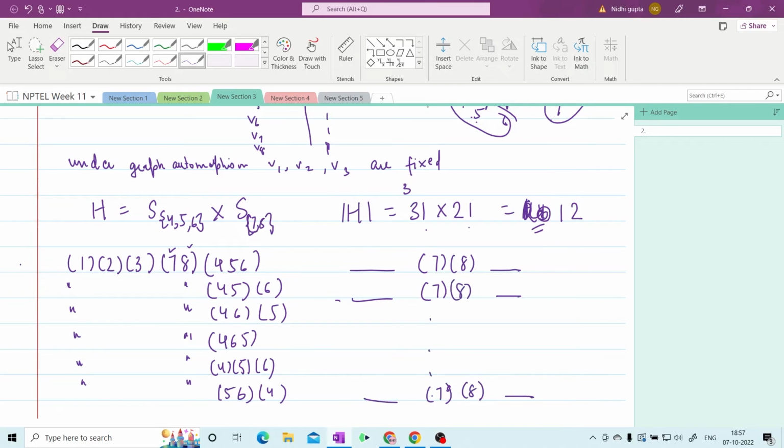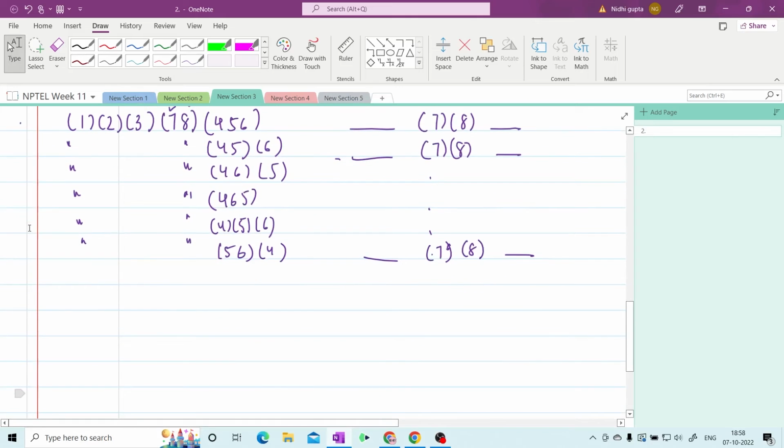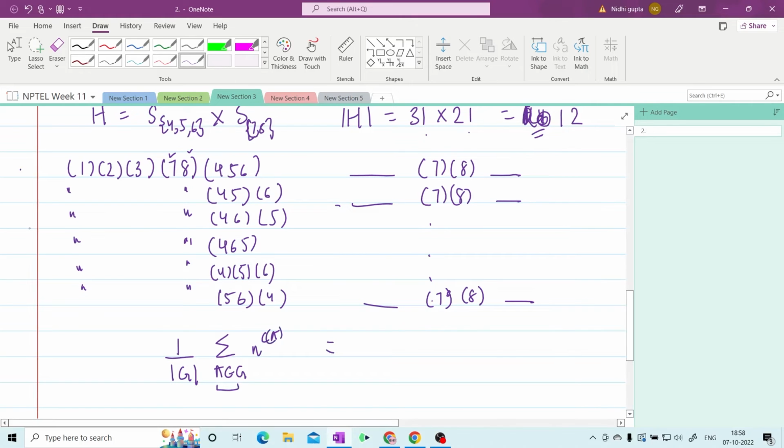And now we apply Burnside's lemma. If we want to calculate the number of G-inequivalent colorings, it is basically 1 over the order of G, sum over pi belonging to G, of n to the power C(pi). Here we are counting over all the permutations of G, and C(pi) is the number of cycles. So we see the order of G was 12.